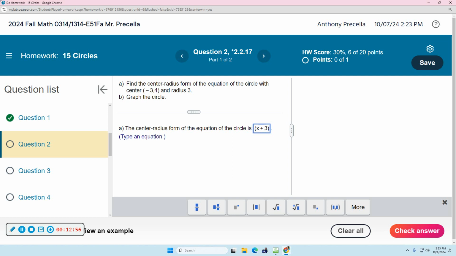And I need my superscript, my exponent key, right there. There's a square. Don't do this. You want to do a right arrow, tab, or click on your mouse, get out of that exponent before you type plus. And then it's a left parenthesis, y minus 4.